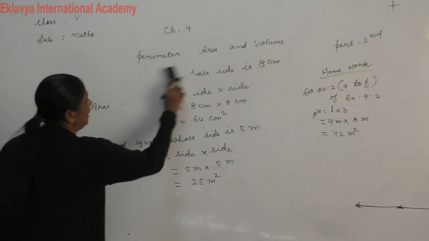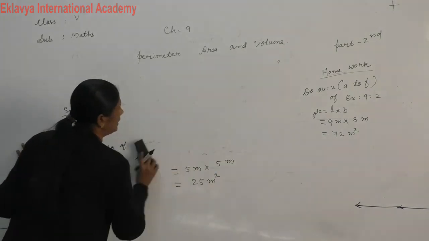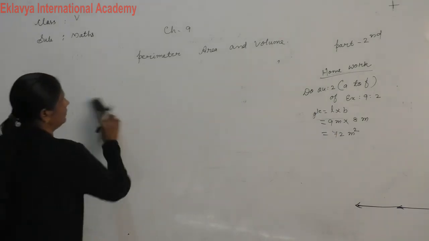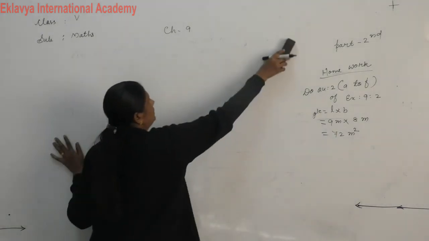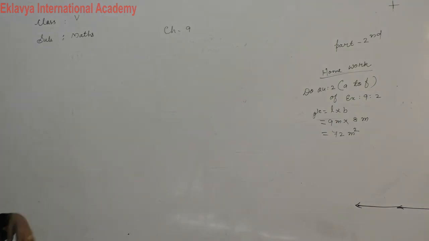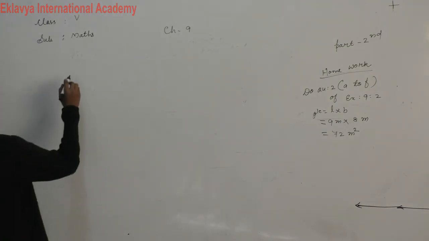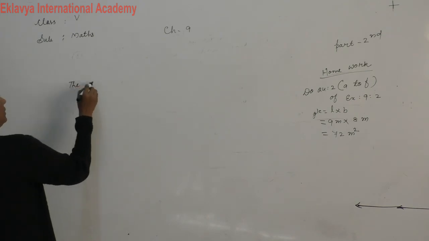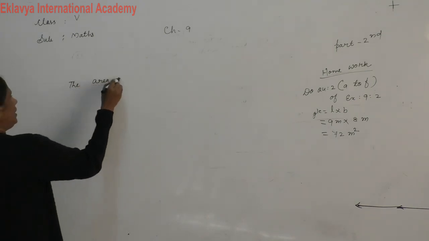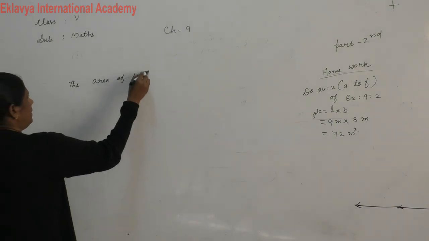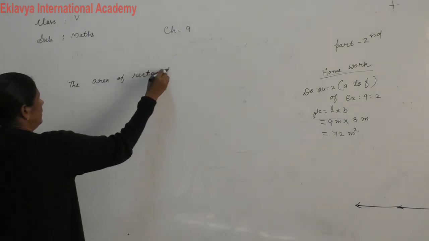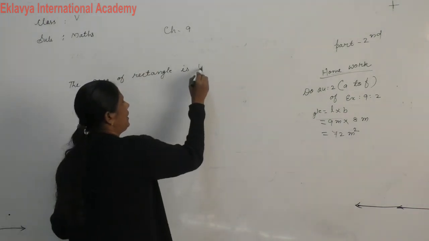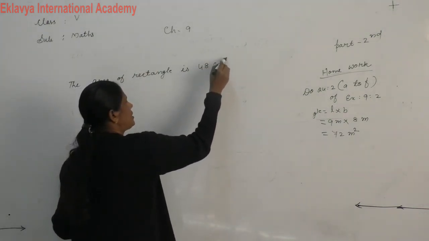Then area given, how to find the breadth? The area of rectangle is 48 centimeter square.